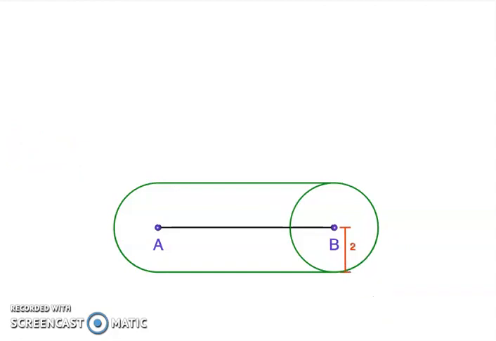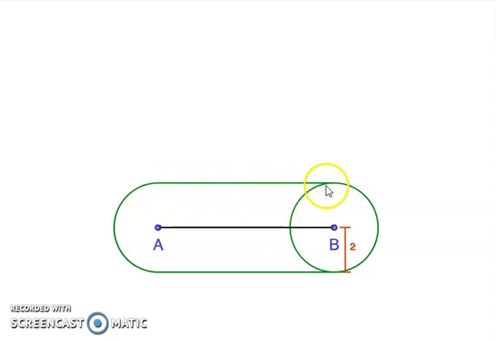Okay, so we can say that the locus of points at a given distance x, or 2 centimeter in this case, from a fixed line, which is line AB, is a cylinder with the radius x from the line AB.